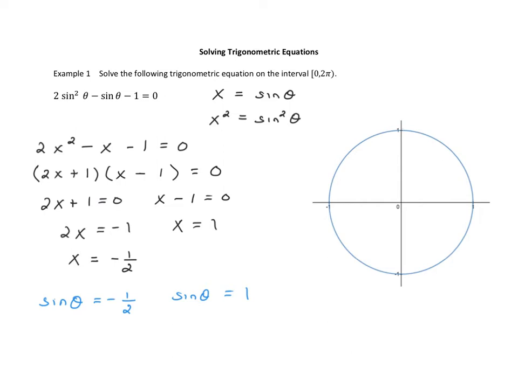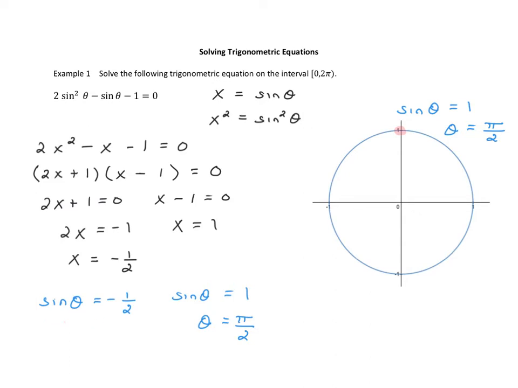So this is the spot where sine of theta is equal to 1, and that angle is pi over 2. So this is definitely greater than 0 and less than 2 pi, so this is actually one of our solutions. I'm going to write it down here. Theta equals pi over 2. That works.